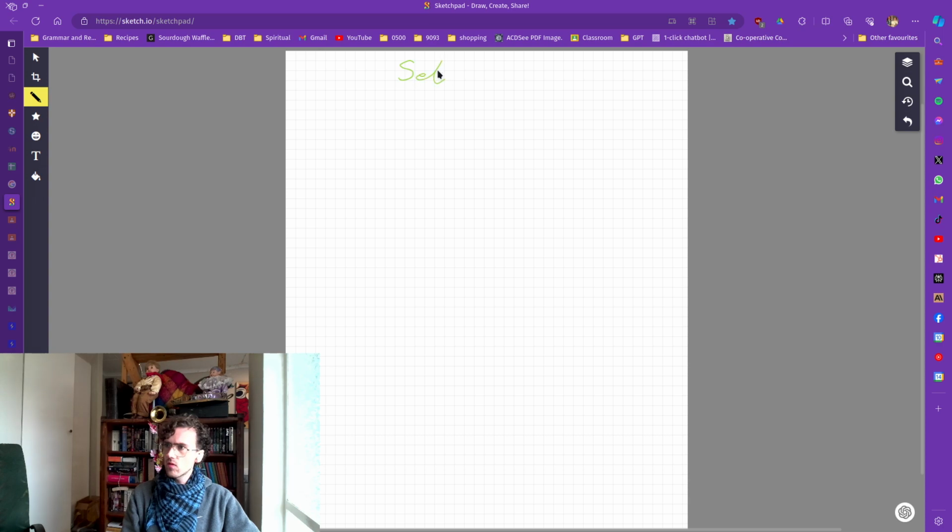Sets is quite a broad idea and we use it throughout different aspects of maths, but we're going to really focus on how to use Venn diagrams to explore sets.